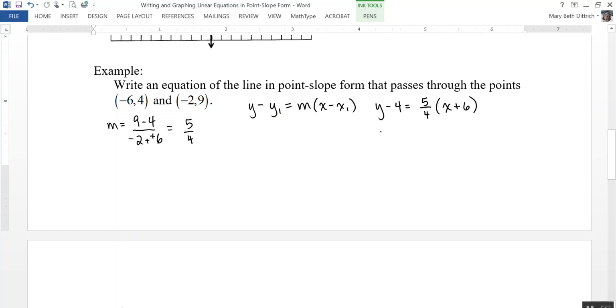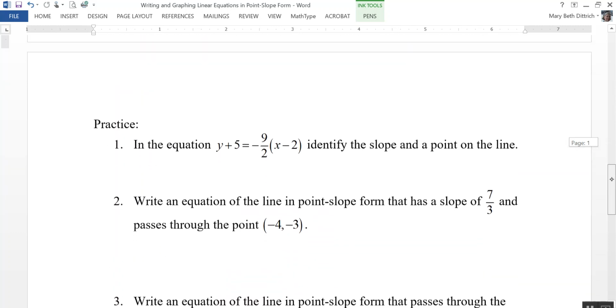If I use my second point, y minus 9 equals 5/4 times x minus a -2, or x plus 2. So for this one, there are 2 possible answers. And you can show that these are the same line if you distributed and rewrote this in slope-intercept form. You'd see they have exactly the same slope, which is obvious here, but they would also have exactly the same y-intercept.